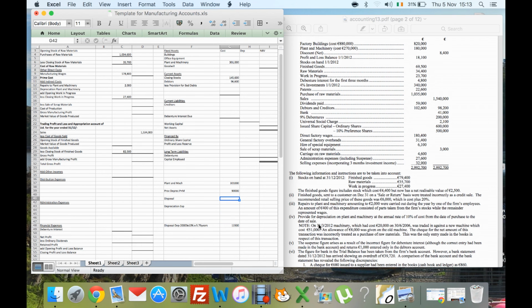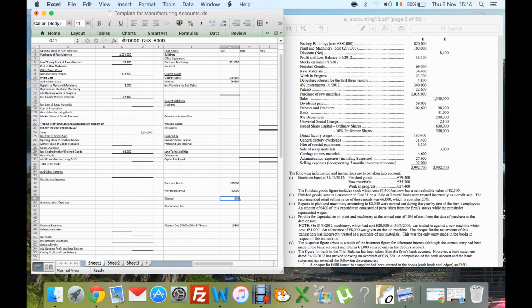Okay, so if I go to my disposal, the thing originally cost 20 grand. I've written off 11,500 over all the years I've owned it. And up here it says I got an allowance of 8. Okay. So that means that I made a loss of 500.